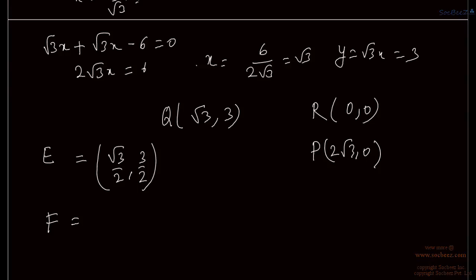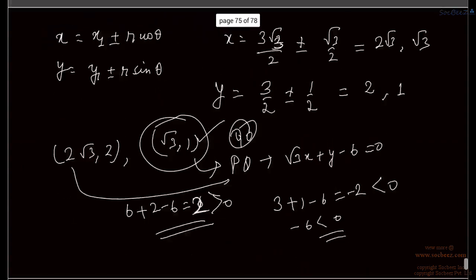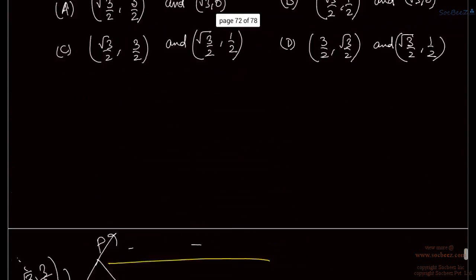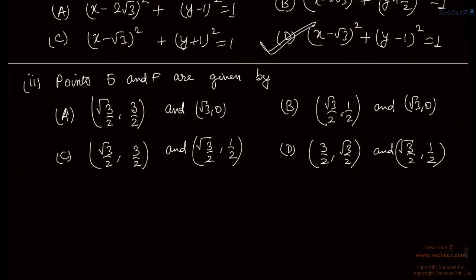So the coordinate of point F is 2 root 3 upon 2, which is root 3, and 0. Right? So E and F have the coordinates (root 3 by 2, 3 by 2) and (root 3, 0). So according to this, option A is correct, right? So option A is correct.